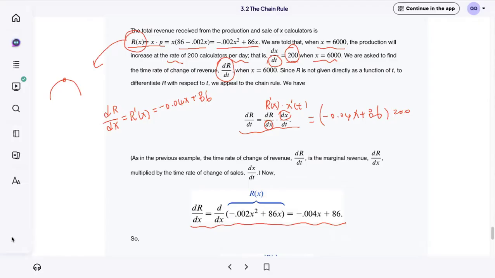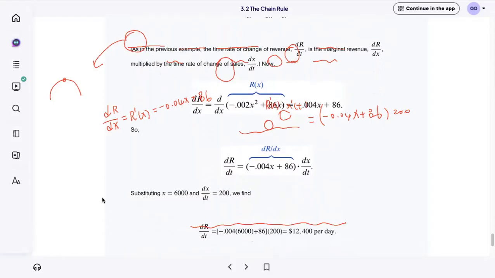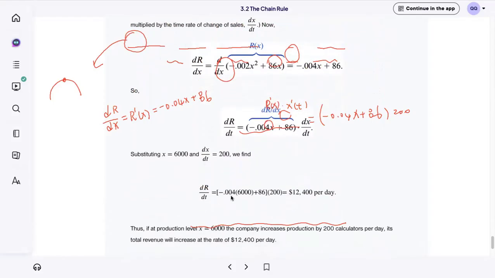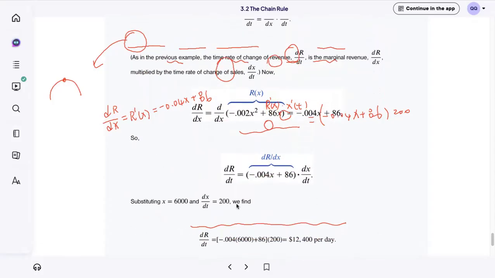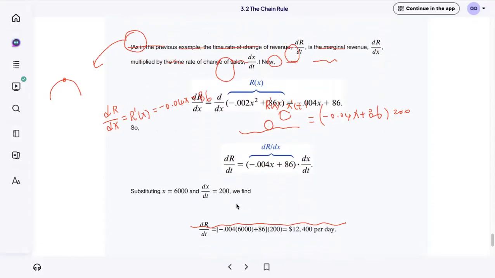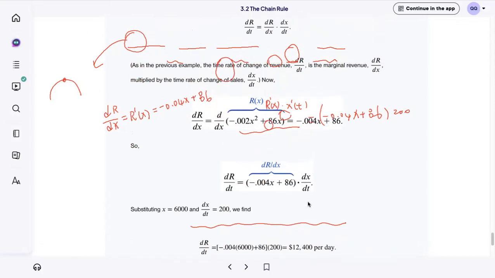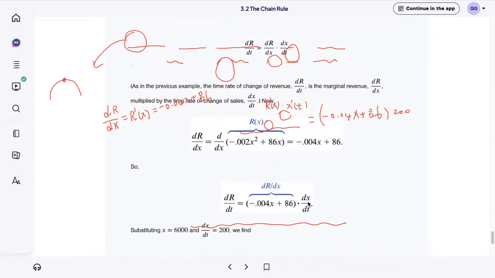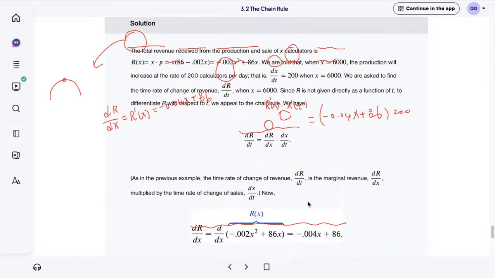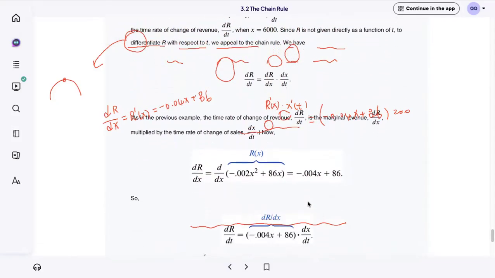As you can see, the price decreases as the quantity increases. So just multiply these two. Then when the quantity is 6,000, we just plug in 6,000. So we'll get 12,400 per day. So this is a typical application question, how we use this in life.